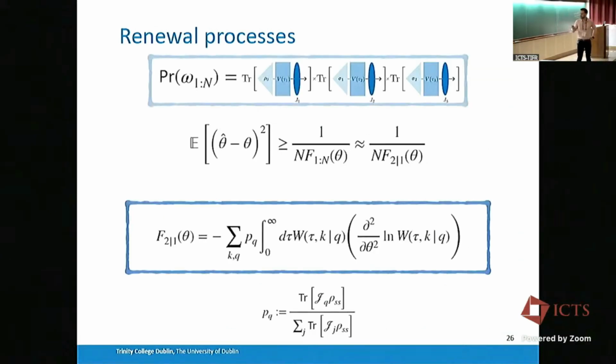And now, since this is a Markov order 1 process, we can directly apply everything that we know about it. This is the simplest case in a way, right? It turns out the interesting cases are either that the Markov order is 1 or it's infinite, basically. So this is the Markov order 1 case, and we directly have the scaling of the Fisher information here in terms of the waiting time distributions. This has in it the steady state.